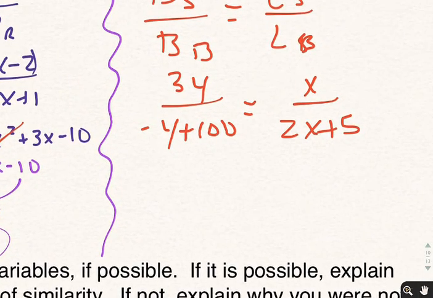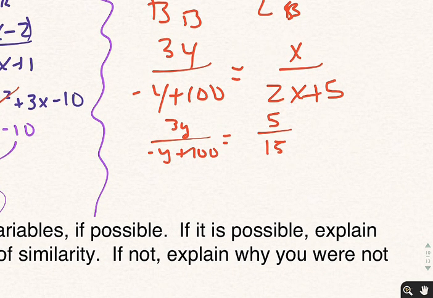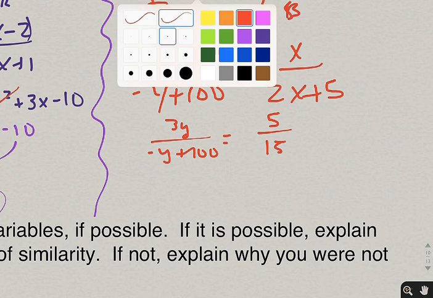Before we start freaking out, I'm going to point out that we do actually have a value for x. Although this is still 3y and minus y plus 100, we just found x to be 5, so this should be 5 over 15. Now again, we're just going to solve any way we want, and it looks like I'm going to cross multiply again because I'm boring.